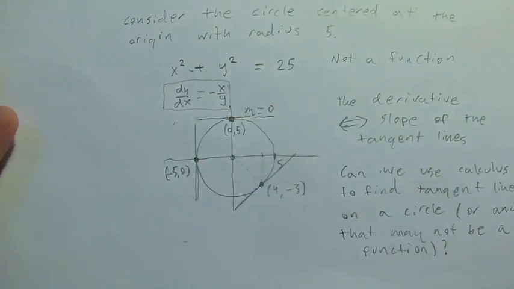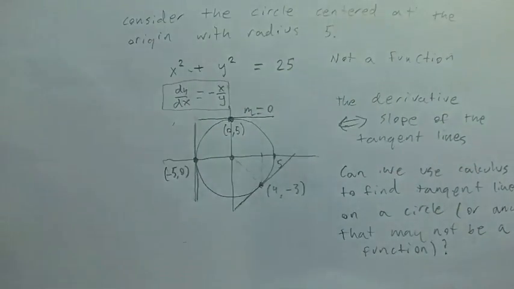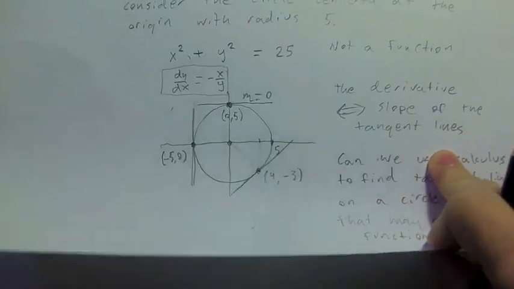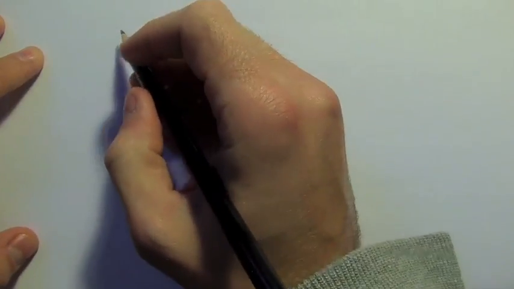-5, 0. Now, this is a vertical tangent line. So what kind of slope should we see with a vertical tangent line? Let's think about it as we go to evaluate this.